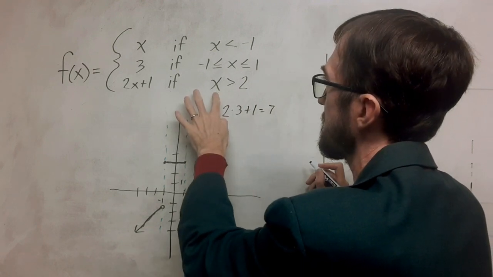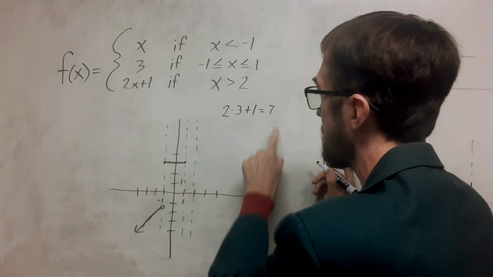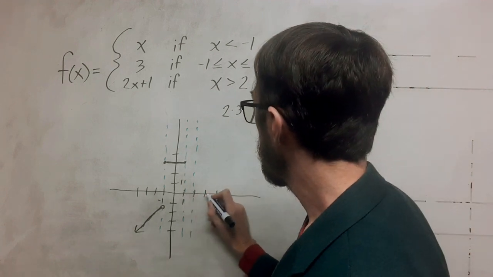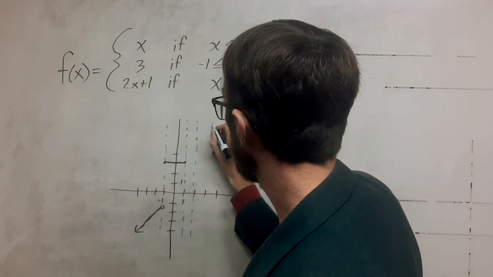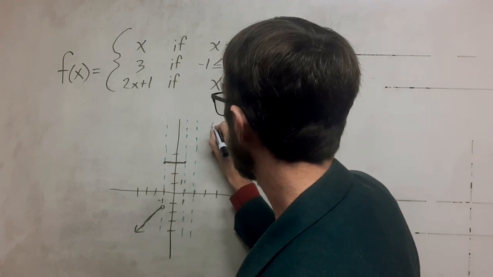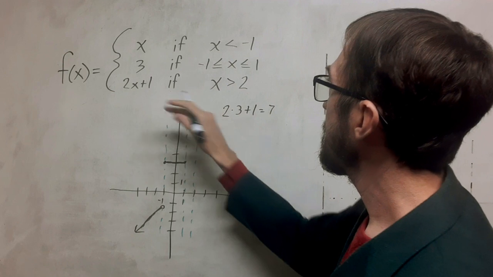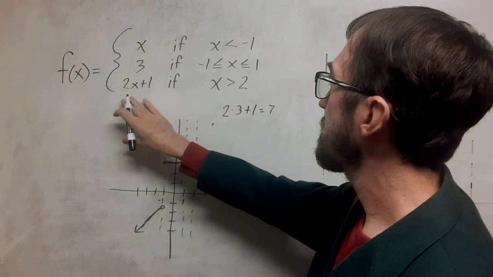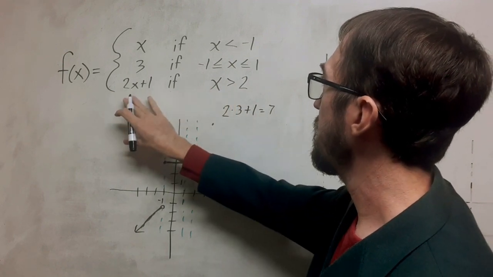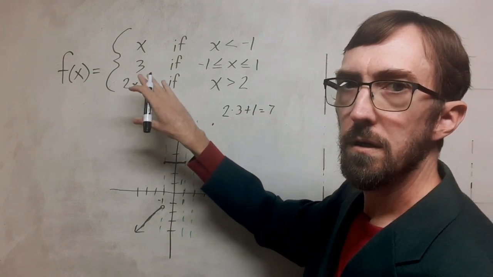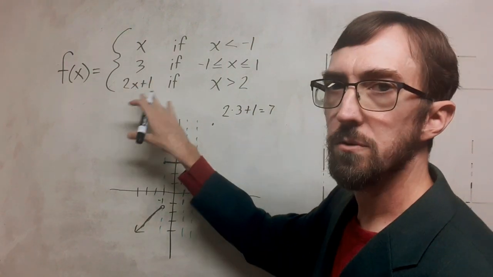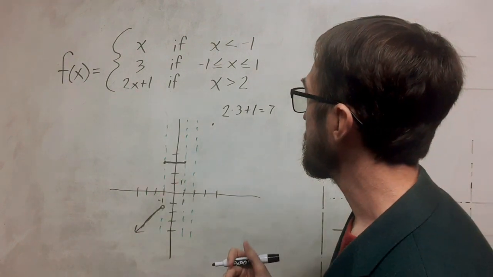So when x is 3, y will be 7. And then I will need a second number as well. This is a linear piece, so I need at least 2 points to figure out where this thing is going.